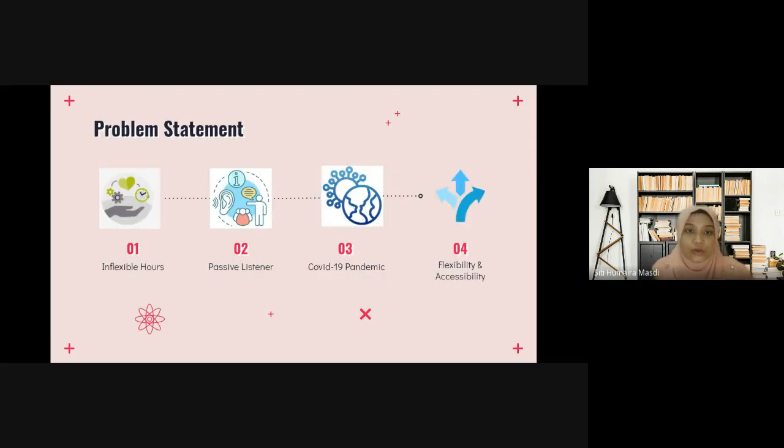Okay, so why do we need this learning management system? So first of all, the inflexible hours. So Kafa Baitul Hikmah is an Islamic primary school. So this Islamic primary school is under JAKIM. So JAKIM has allocated a total of 360 minutes per week, which equals 36 hours per month.